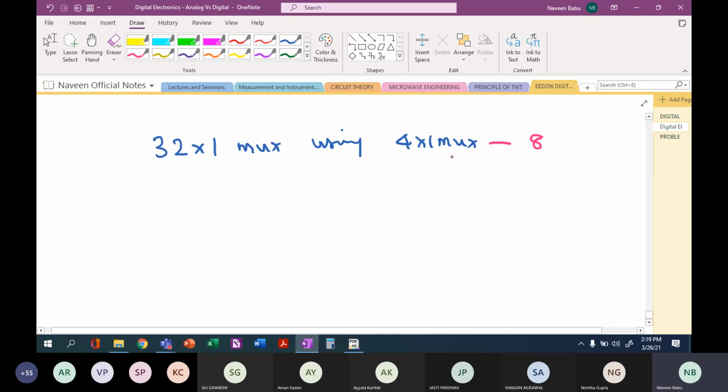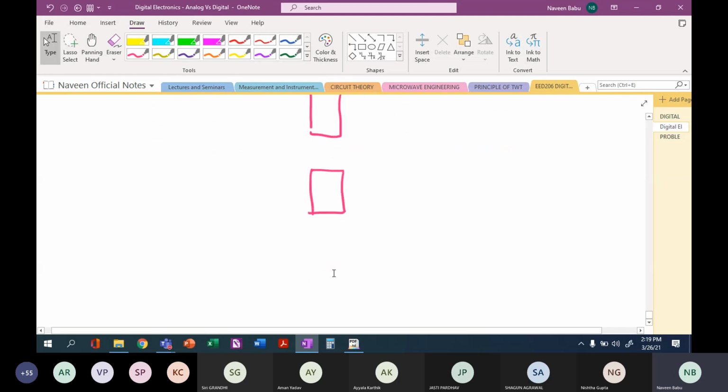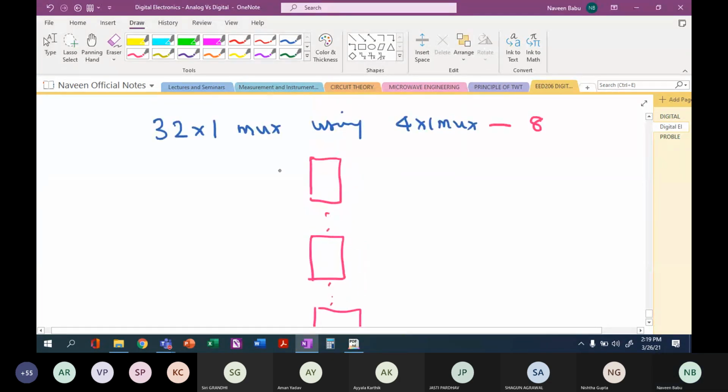8 4x1 multiplexers. So what you do is first draw 8 4x1 multiplexers. 1, 2, 3. I'm not going to draw all the 8. Assume that it is 8, right? Which means I will have 4 inputs here. Next to 4, that is 8. So this will be 4.